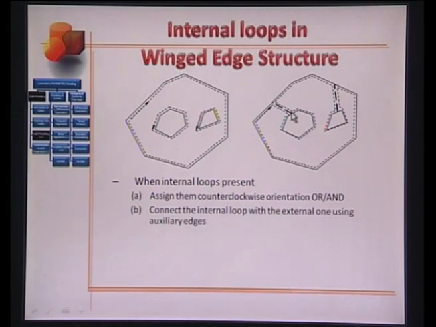In this figure, for example, these are the two auxiliary edges. Once again, the vertices on the outer loop are ordered clockwise, and the vertices in the internal loops are ordered counterclockwise. And we have used auxiliary edges to connect the internal loop with the external one.